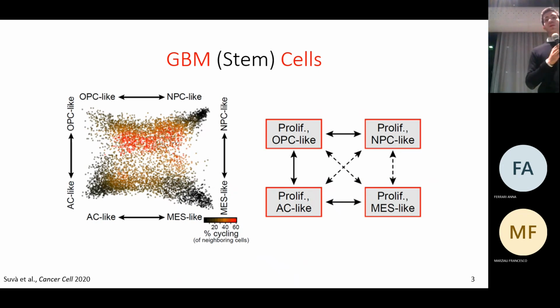So let's first start with tumor cells themselves. What do I mean when I say that there is overlap between tumor cells and stem cells? If you take a sample of GBM tissue and run single-cell RNA-seq on it, the final result you see is a compass-like, cardinal orientation in the gene expression map.